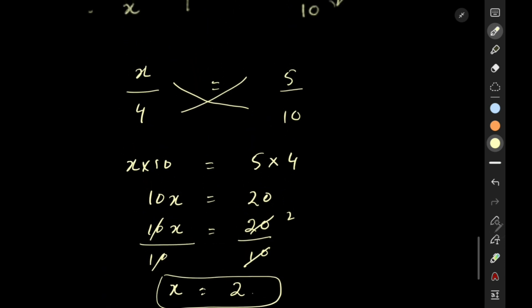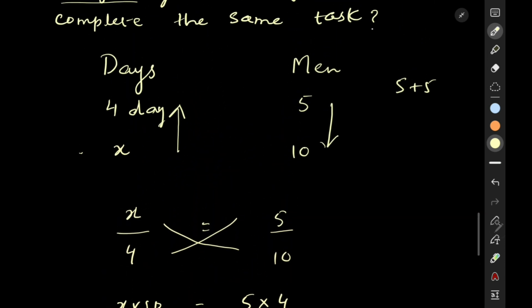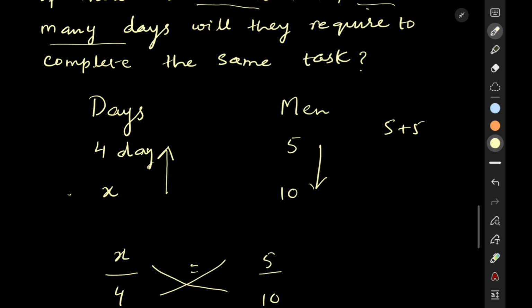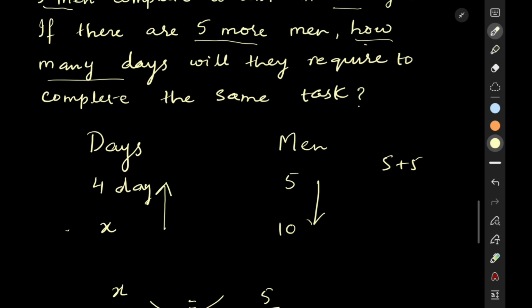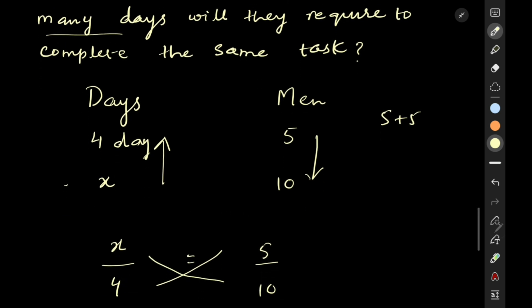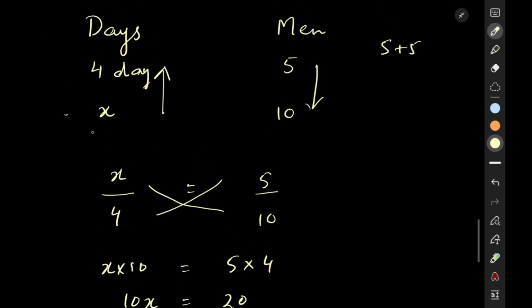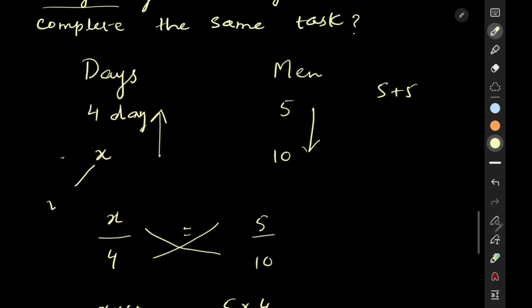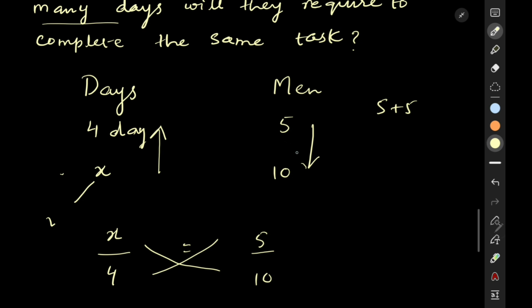Here you see that if we add more men, then they complete their work in fewer days, that is in 2 days, and before it was 5 men and they completed their work in 4 days.